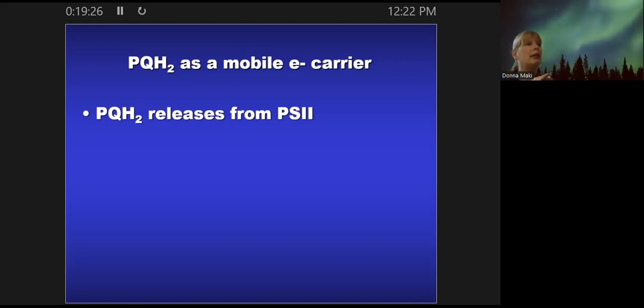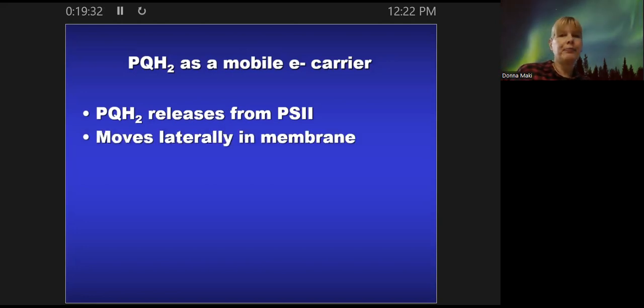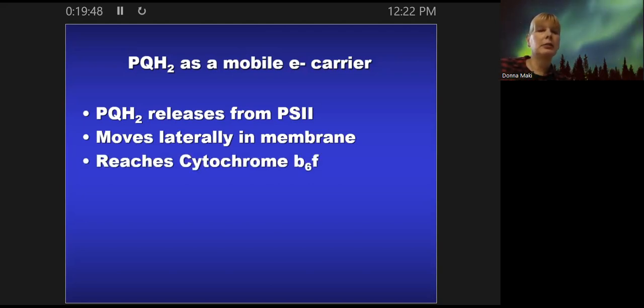All right, so it's out of the gate and now it's moving down the track and it needs to reach the next player in the game. So I literally need you to know that it's moving laterally in the hydrophobic portion of the membrane. I need that level of detail. In the membrane means it's right in the hydrophobic portion. And it's moving along down the track until it can bump into the next player, which is cytochrome B6F. So that's one of the massive transmembrane complexes involved.